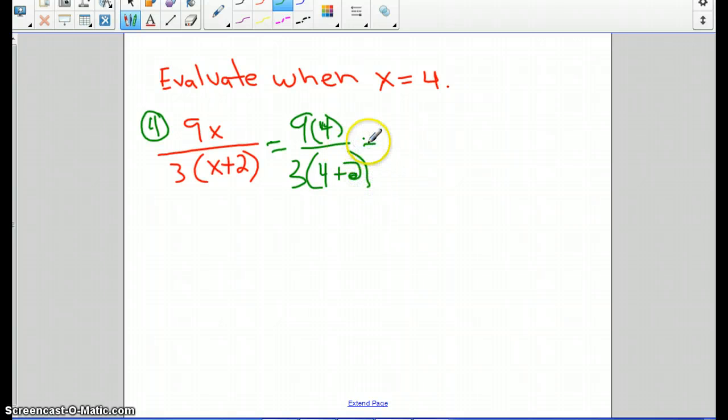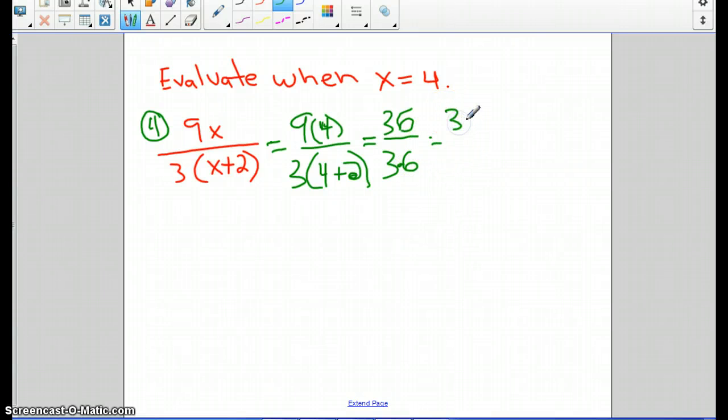We want to simplify the top and simplify the bottom. 9 times 4 in the top there is 36. In the denominator, we're going to do parentheses first. 4 plus 2 is 6, so you're going to have 3 times 6.